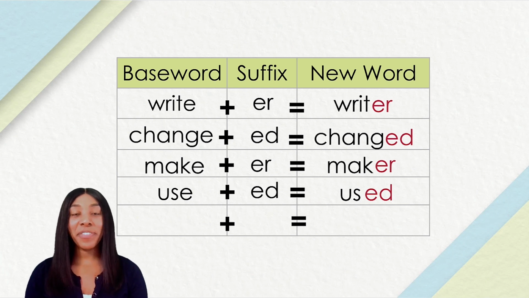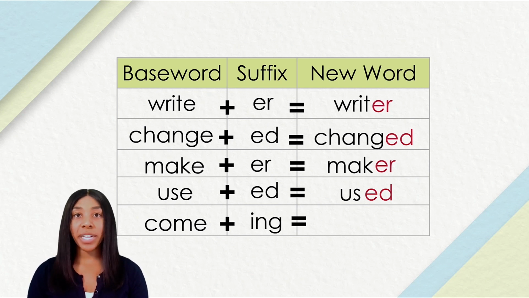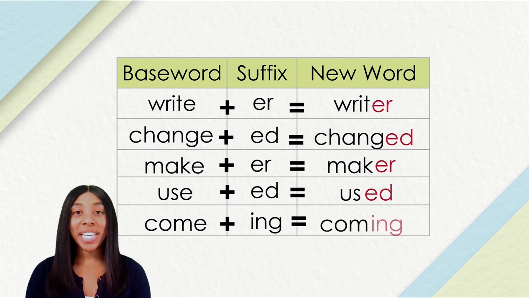Put your thumbs up if you're ready for our last word. Our last base word is come. We are going to add the suffix ing. If we put these 2 parts together, what new word will we make? Coming.